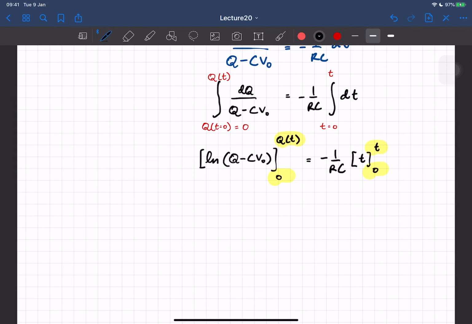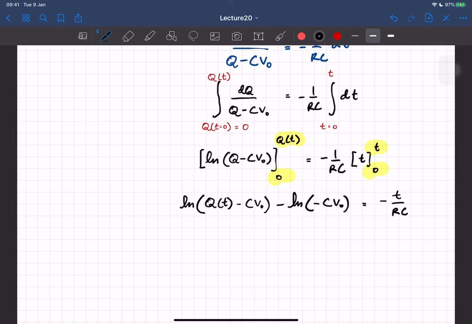So we're going to have log of q as a function of time minus CV0, minus the same thing but with q equal to 0. So that's going to be log of minus CV, equal to minus t divided by RC.